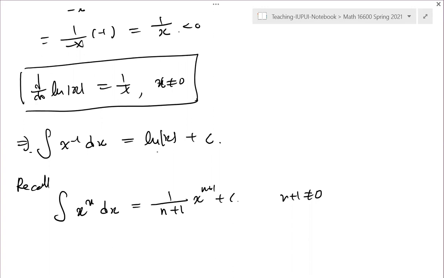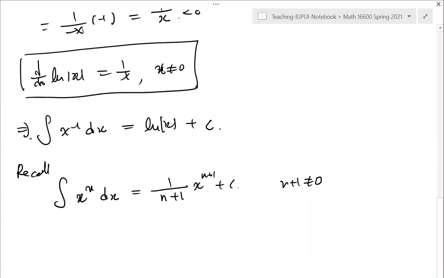Right? So now we get the antiderivative of x to the n for any n. N could be equal to -1 or not equal to -1. If it's equal to -1, the antiderivative is the natural log of absolute x.